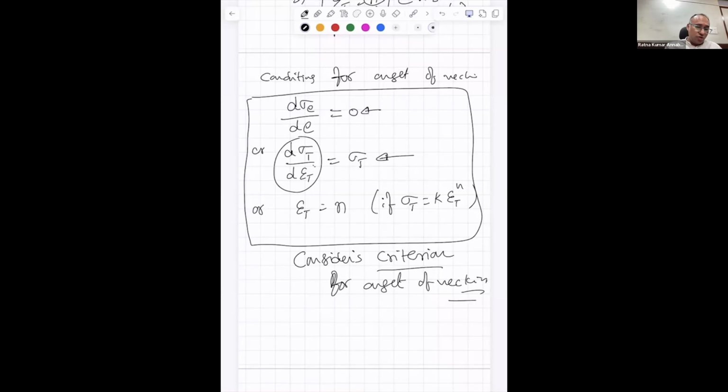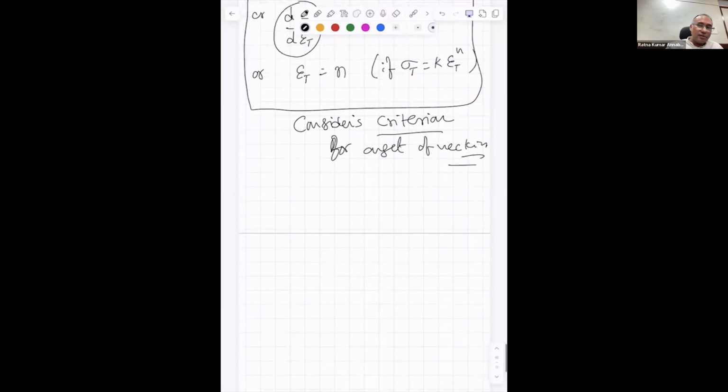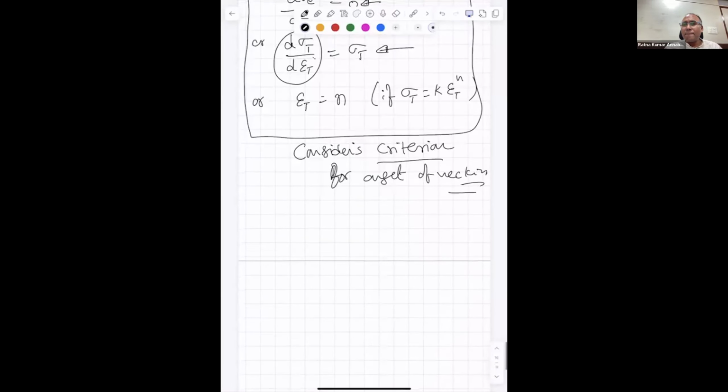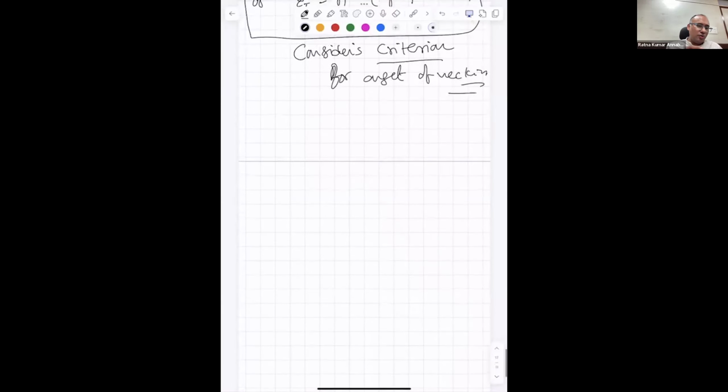Okay? So in this class, any questions? No. So in this class, we have learned all about the tension test and the uniaxial tension test curve, followed by measurement of the mechanical properties and how you characterize necking in a plastically deforming material, and other properties like resilience, toughness, elastic modulus, yield strength, how to measure them given tension test stress strain data, and how you write the relationship between engineering quantities and true quantities.